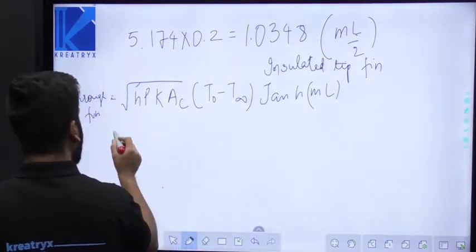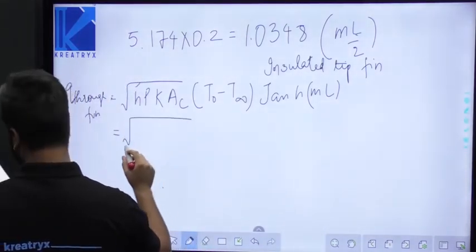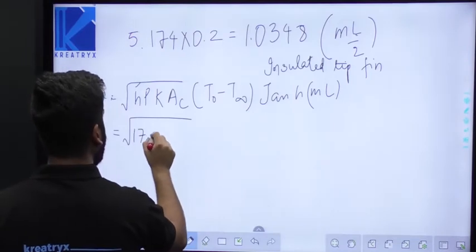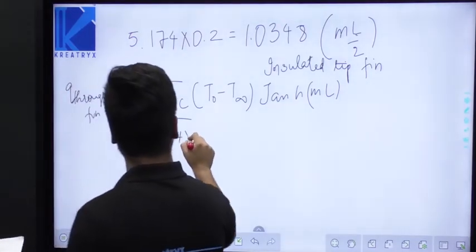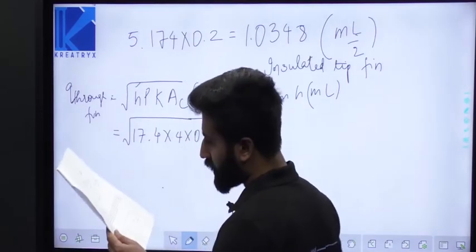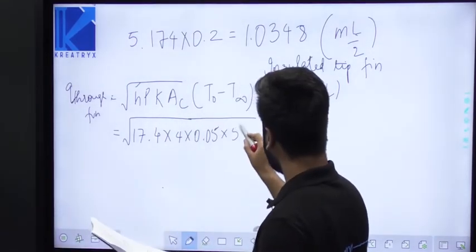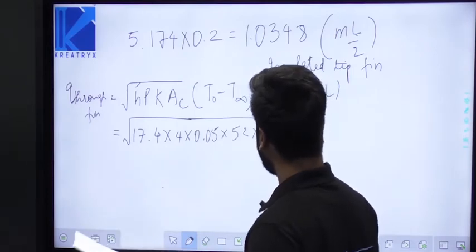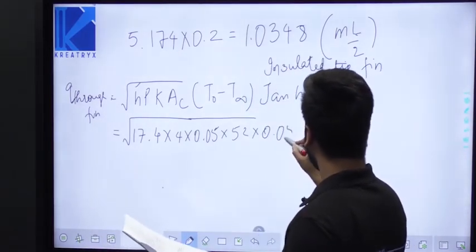Let me write it down. H is 17.4. P is 4 into 0.05, since 50 mm is given. K is 52 watt per meter Kelvin. AC is again 0.05 squared.